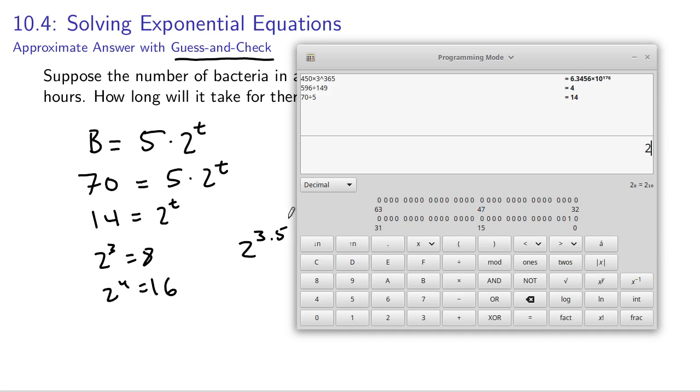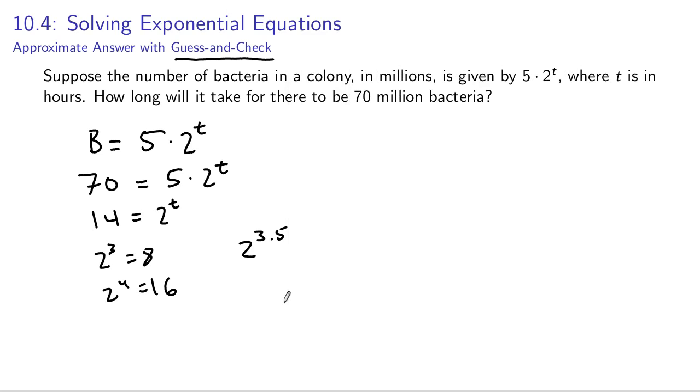So let's try that. Use a calculator to find 2 to the 3.5 power. About 11.3. That's closer to 14. What about 2 to the 3.75?